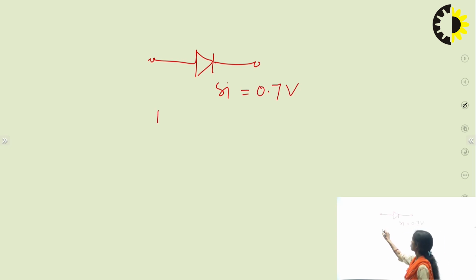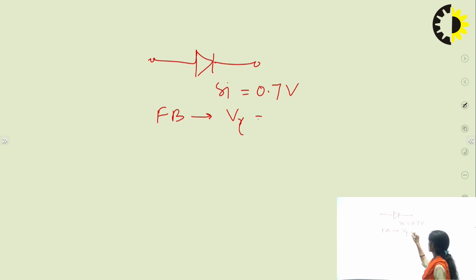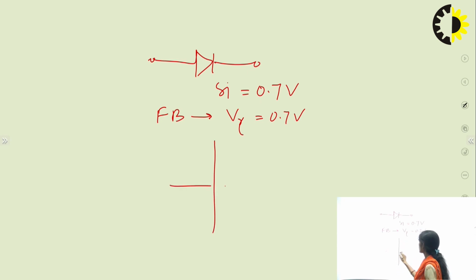So if we make it forward bias, then it will allow the current to flow after the cut-in voltage, that is 0.7 volt approx. So the current starts flowing in this manner. For forward bias, if we see the graph, the current starts flowing rapidly after the cut-in voltage.